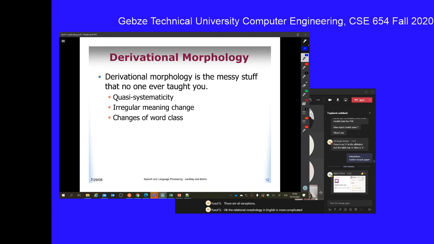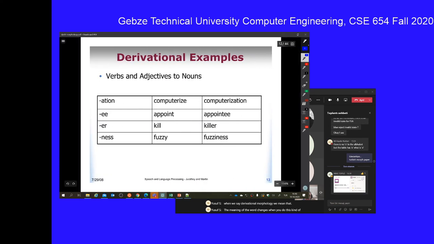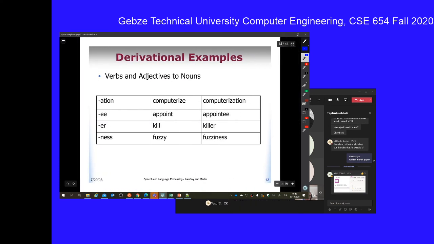It's not as complicated as Turkish. Well, maybe it is as complicated, but it is much more complicated than the inflectional morphology. When we say derivational morphology, we mean that the meaning of the word changes when you do this kind of morphology. For example, computerize, computerization.